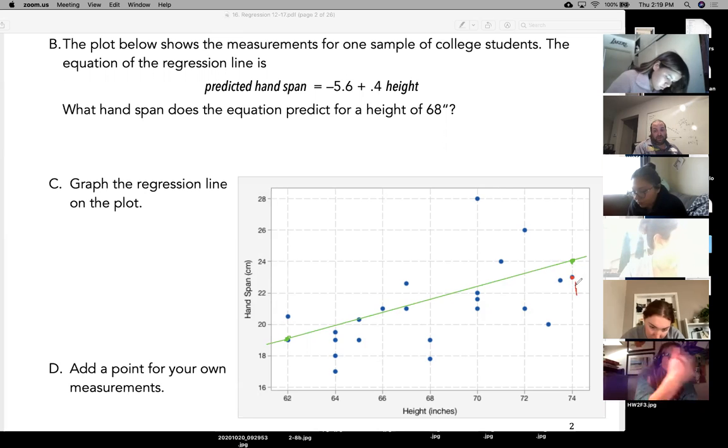So this here is the actual. That's what you actually have as your data, the actual. And this here is the predicted.